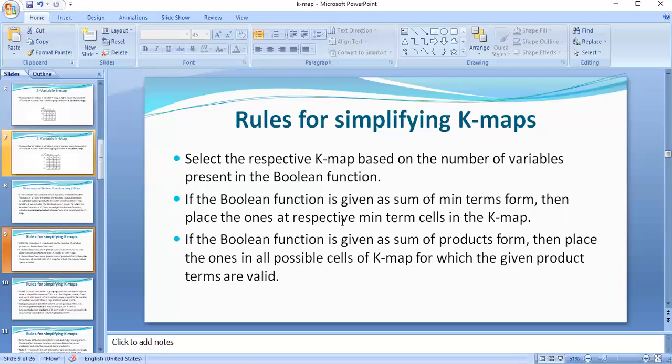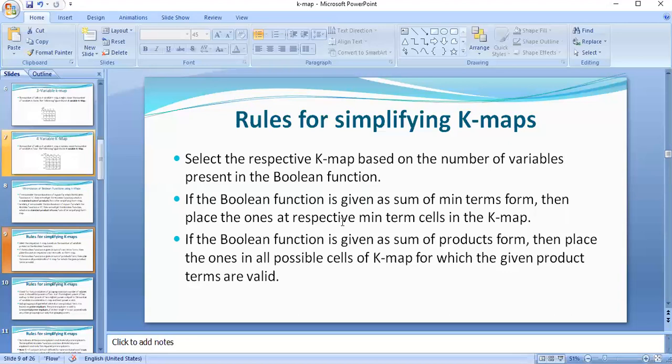If the function contains minterms, we represent them as 1 in their respective cells, or we can represent the maxterms as 0 in the K-map.